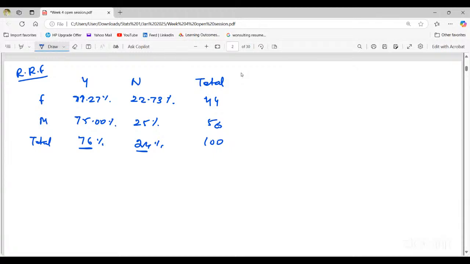In this row, we can see it is 77% and 23%, then 75% and 25%. Basically these values are around 76 only, and these values are around 24%. So in each row it's a little bit the same if you compare it with the total.